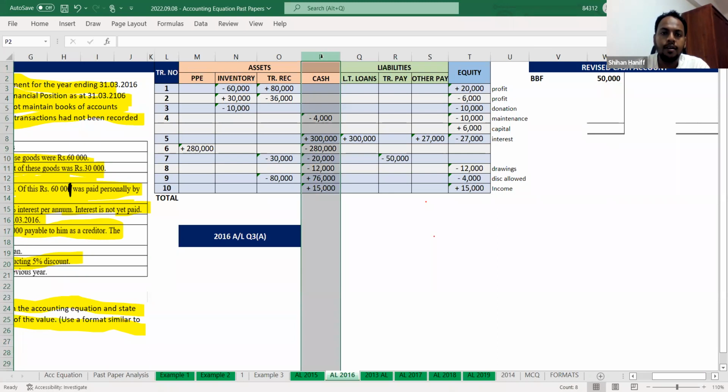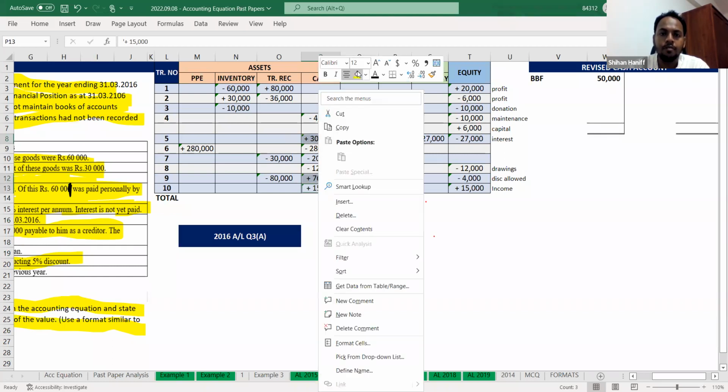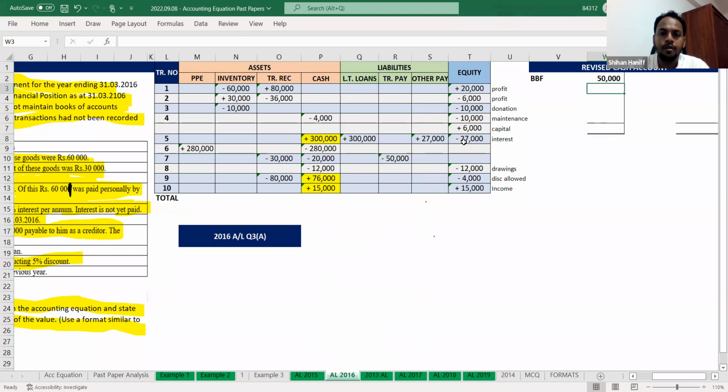Then these are the transactions. What are the receipts? There are 3 receipts: 300,000, 76 and 50. So what are these? This is bank loan. This is from debtors. And this is bad debt recovery.